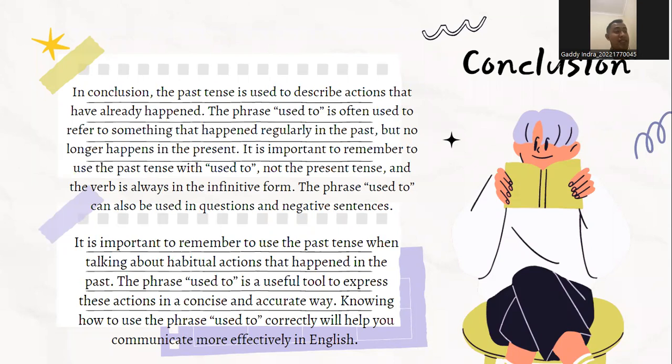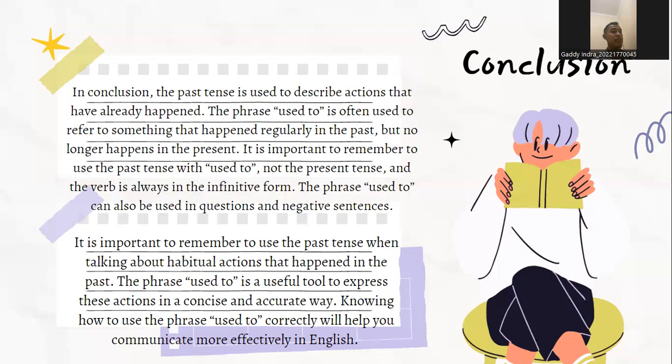The conclusion. In conclusion, the past tense is used to describe actions that have already happened. The phrase used to is often used to refer to something that happened regularly in the past, but no longer happens in the present.